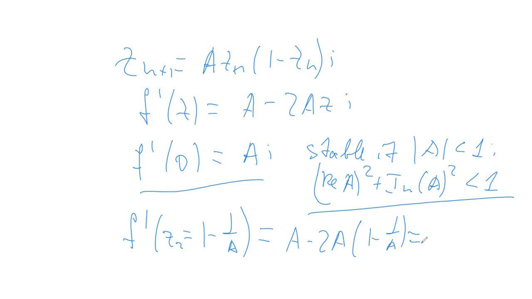I think it should look like how it looked before: a minus 2a plus 2, which is 2 minus a. And now this 2 minus a by absolute value should be less than 1.